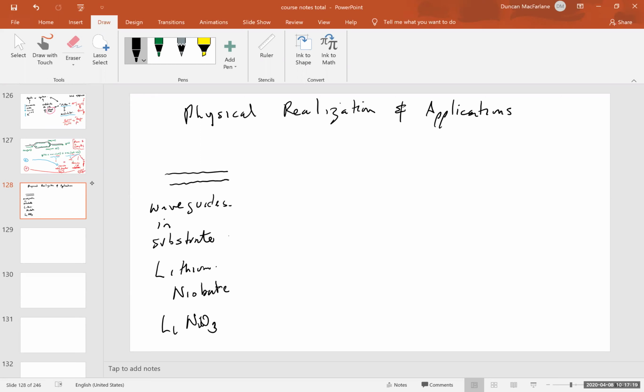What we do is add a little bit of material into a certain channel, and that raises the index of refraction, and we do that by doping.